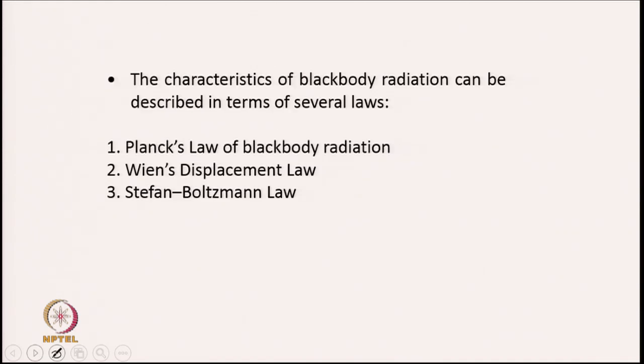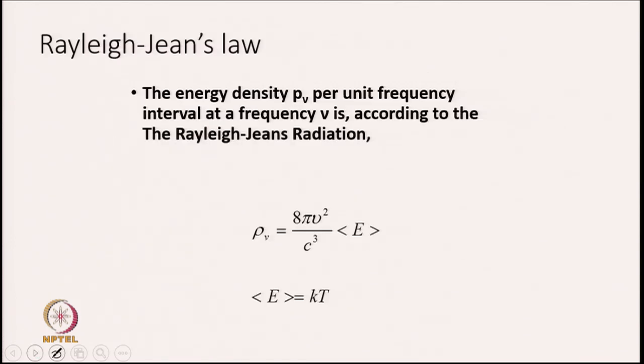People tried to explain this in terms of several laws, and there are three very important laws used to explain this phenomenon. One is Planck's law of black body radiation, the second is Wien's displacement law, and the third is the Stefan-Boltzmann law. The first good attempt was made by Rayleigh-Jeans.